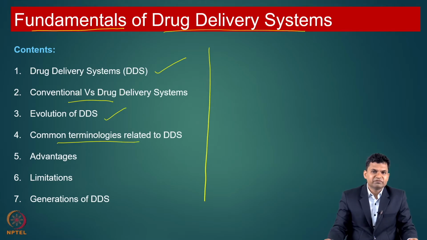We will also see a few definitions. Then we will look at the advantages and disadvantages of drug delivery systems, and finally we will end our presentation with generations of drug delivery systems.